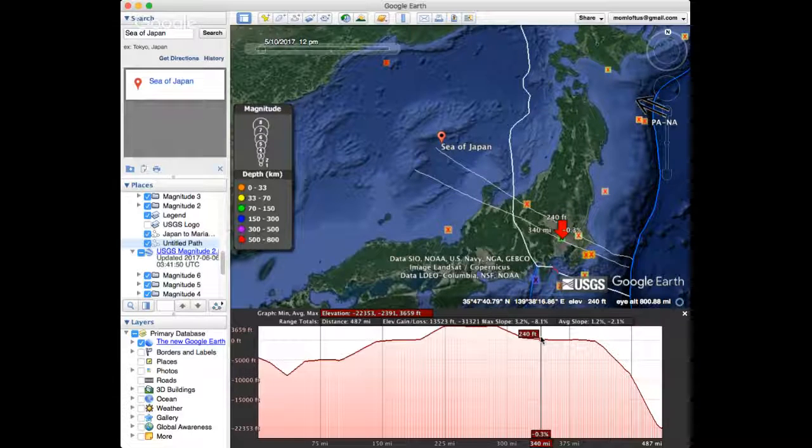As you move your cursor, the stuff right above the plot doesn't change. That's giving you the same numbers as it's showing on the graph.